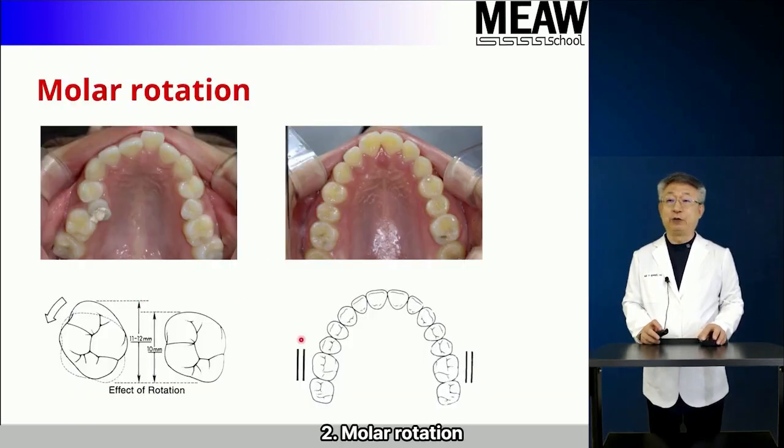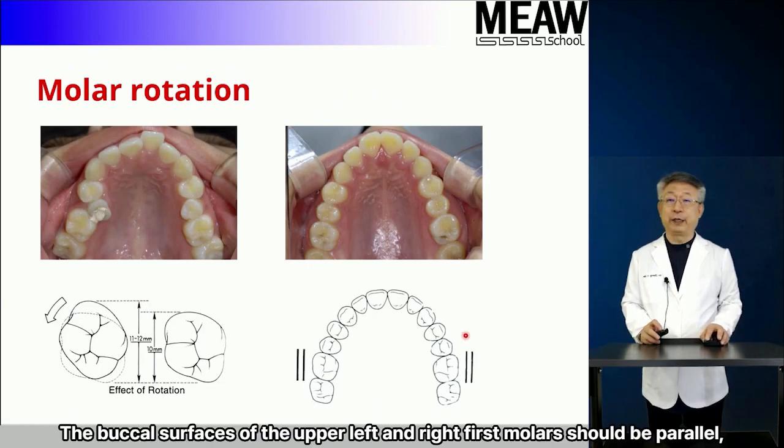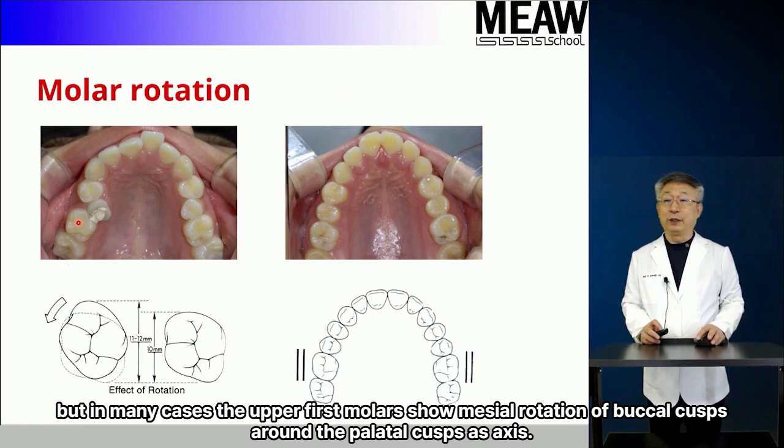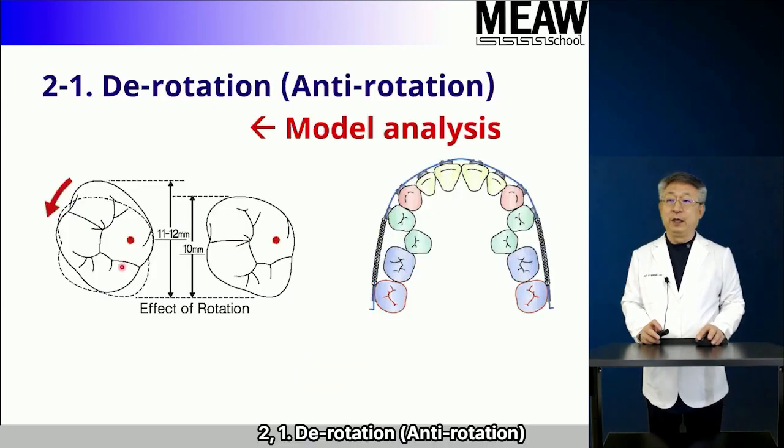4. Molar rotation. The buccal surfaces of the upper left and right first molars should be parallel. But in many cases the upper first molars show mesial rotation of buccal cusps around the palatal cusps as axis. 4.1 Derotation.